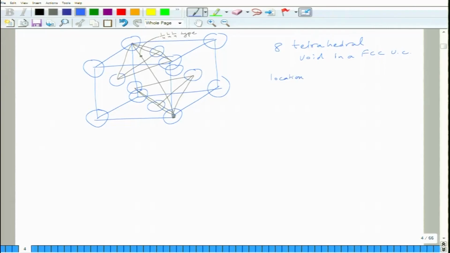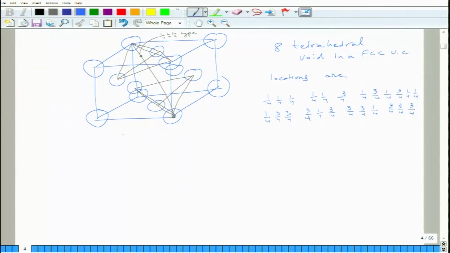Locations are 1 by 4, 1 by 4, 1 by 4; 1 by 4, 1 by 4, 3 by 4; what else? 1 by 4, 3 by 4, 1 by 4; and 3 by 4, 1 by 4, 1 by 4; and then you will have 1 by 4, 3 by 4, 3 by 4; then you will have 3 by 4, 1 by 4, 3 by 4; and then you will have 3 by 4, 3 by 4, 1 by 4; and then you will have 3 by 4, 3 by 4, 3 by 4. These are the 8 locations that you will have.